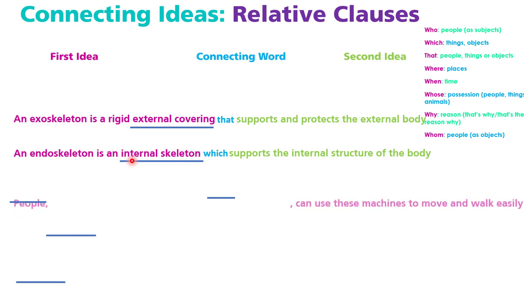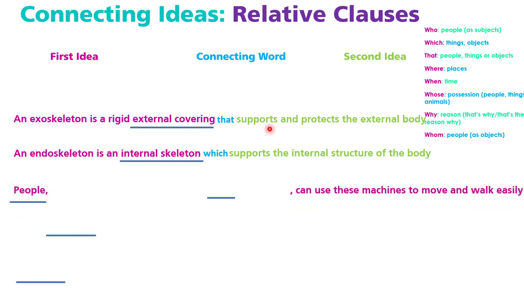Okay, let's see the next one. In this case, we have people can use these machines to move and walk easily. Okay, in the middle, I'm going to insert extra information. In this case, the extra information is have had accidents and backs are injured. Okay, in this case, I'm going to connect using two different words. Number one, people. I'm talking about people.